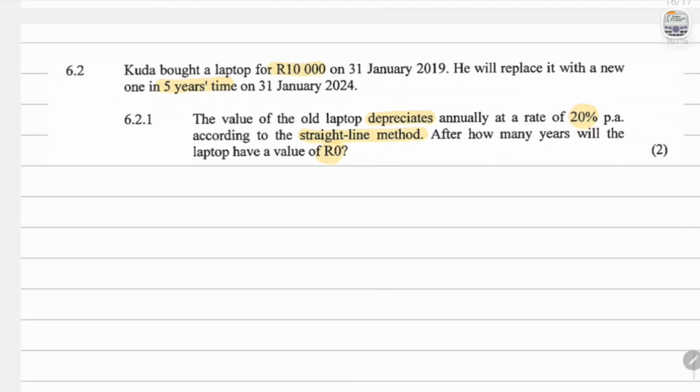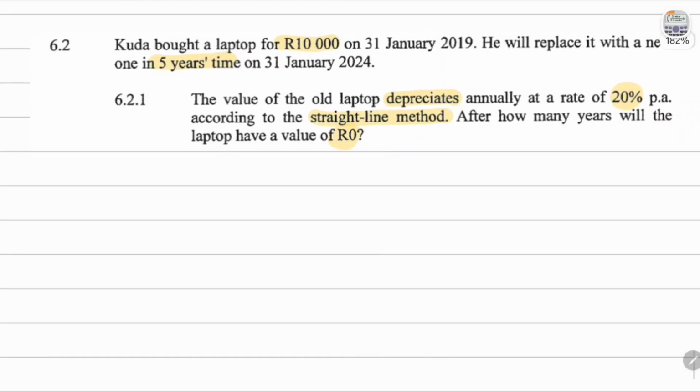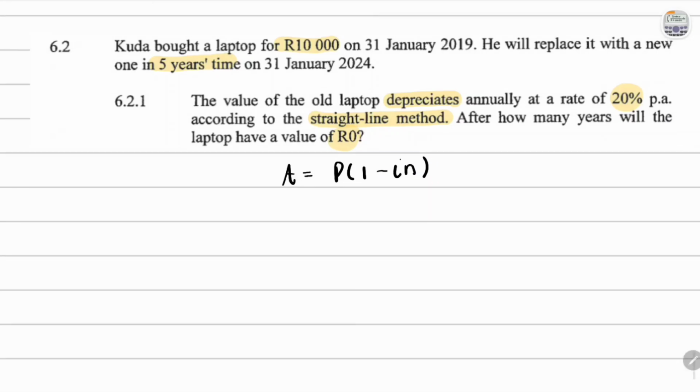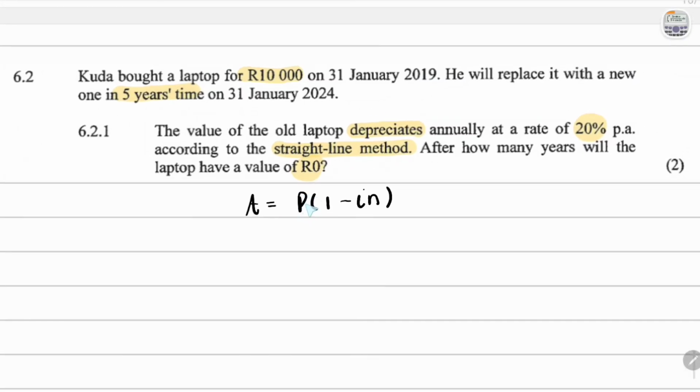Okay, so we can see that this is depreciation going on. So the formula is A is equal to P times (1 minus i times n) because it's straight line, so it's linear. So the P value, this is the starting point. We know that Kuda starts off with a laptop that is 10,000. This is where he starts.